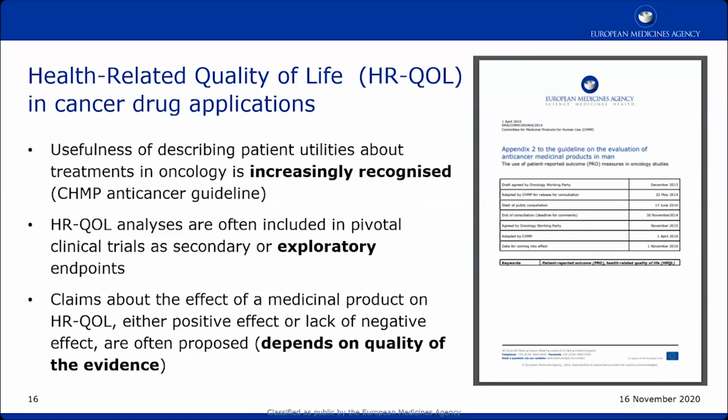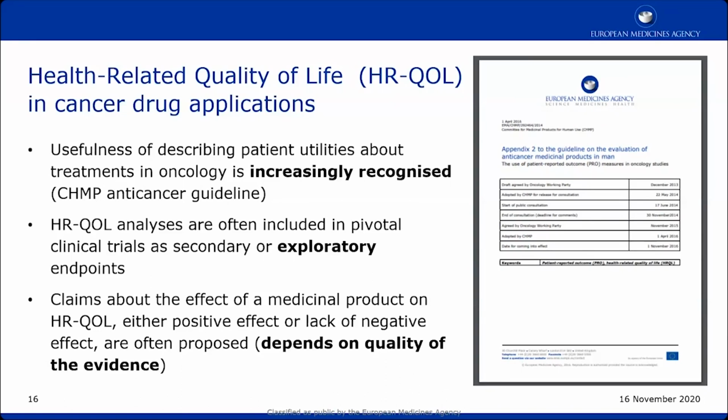And there often the problem is not the endpoint per se, not at all, but whenever we have secondary endpoints, it's very difficult to attribute the weight of evidence, how reliable these results are. Often they're not pre-specified analyses, and there are problems of missing data, etc. And so the reason for not seeing it so much in the labeling is just one of hierarchy in the evidence, and it's not at all one of being dismissed or anything.